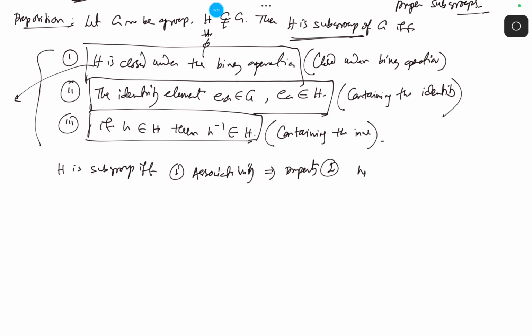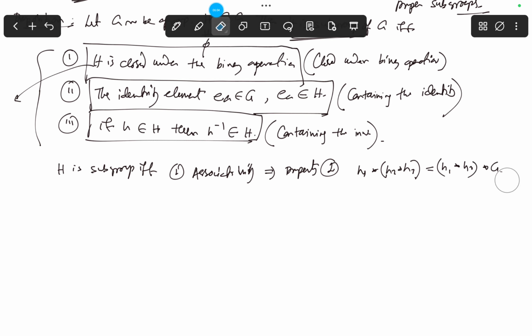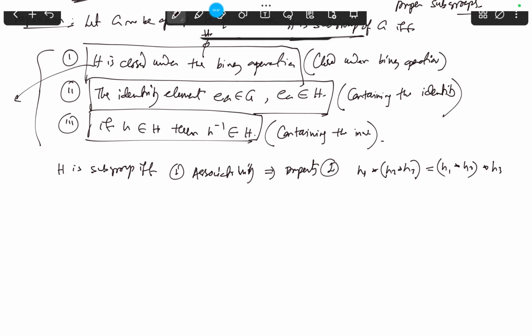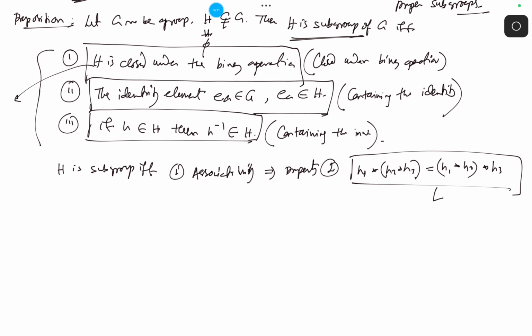Because if we have h1 star h2 star h3, the operation is associative in the larger group G, of course, but I just need to assure that this happens in H. Since h2 star h3 is in H, and h1 star h2 star h3 is in H, similarly h1 star h2 is in H, the entire game is being played inside H as well, so that's why H has the associativity property with respect to the binary operation.